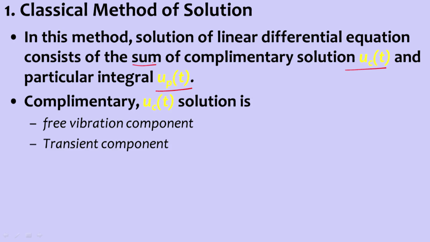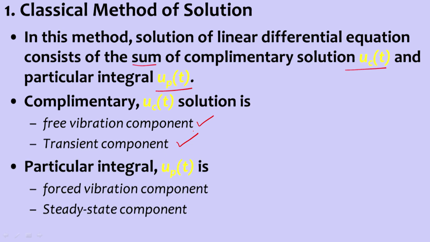The complementary function we can also call the free vibration component. It depends only on the structure's natural parameters, or natural properties of the structure. This can also be called the transient component of vibration. The particular integral is dependent on the applied force.